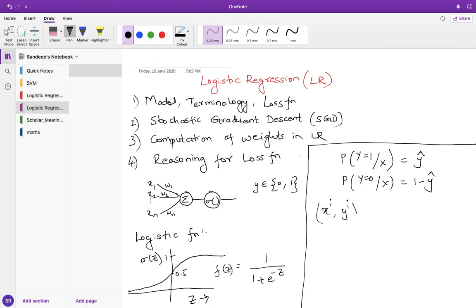We can consider it as an ordered pair. We assume that we know this input data with its class information in a supervised learning algorithm. Our job in logistic regression is to compute these weights.